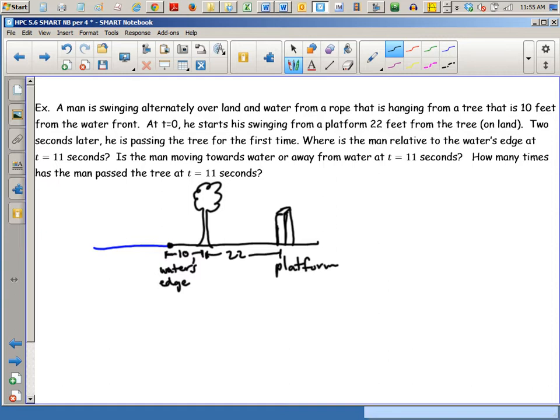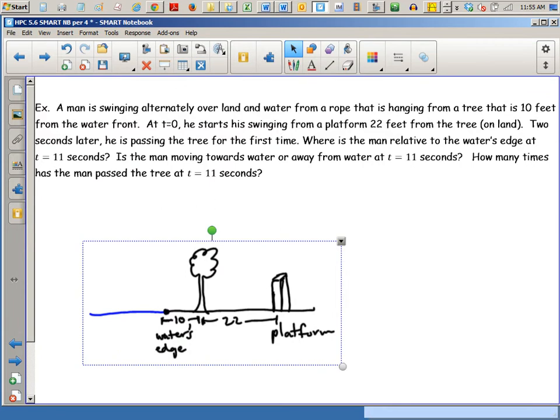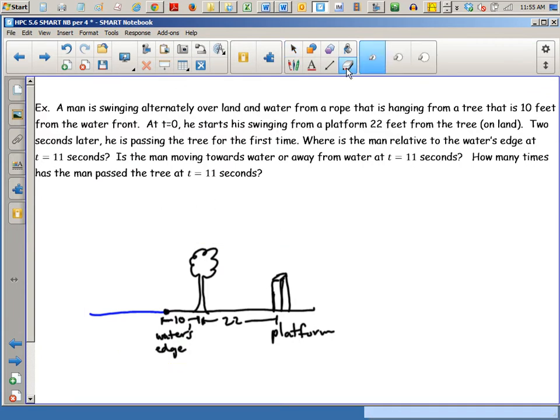I'm starting to realize that if he swings, he's going to probably hit the ground. So I'm going to fix my drawing a little bit. Let's move this all down. I need a taller tree. Let's see here, how do I delete my tree? I will make my tree taller. That's a big tree.